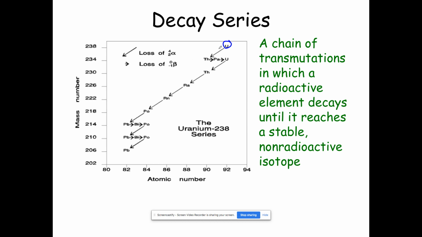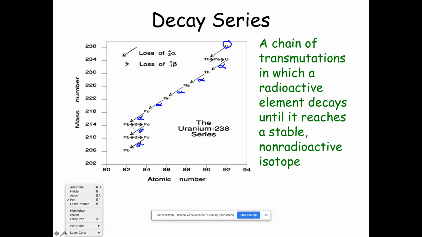That means this is an alpha decay. So every time you see that, this is an alpha decay. This is an alpha decay. This one is. And this one is. These little ones are not. Hard to draw alphas.